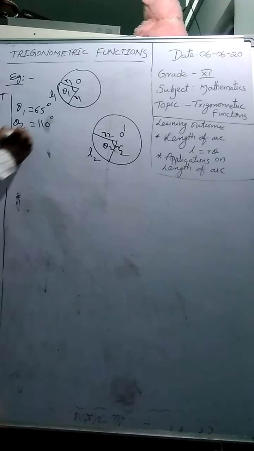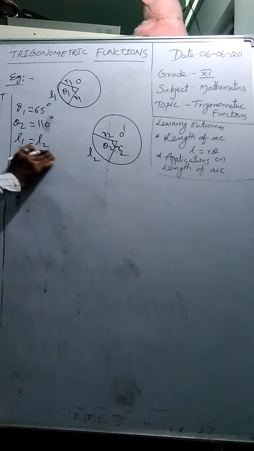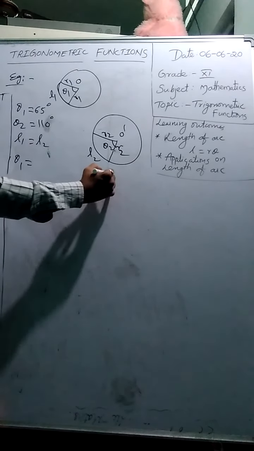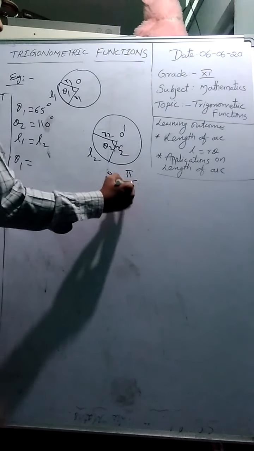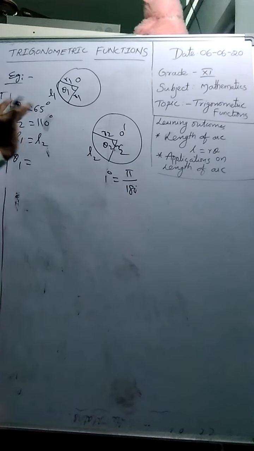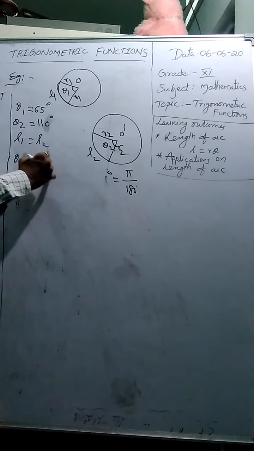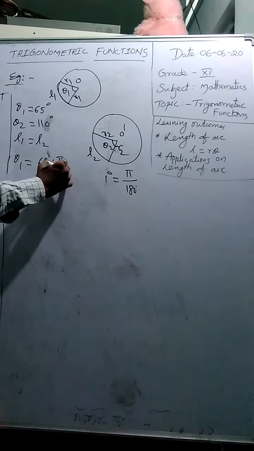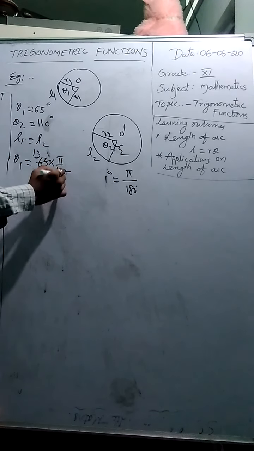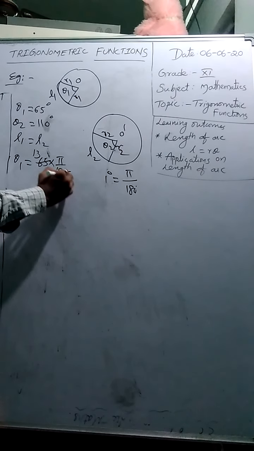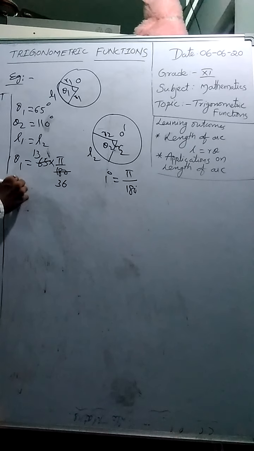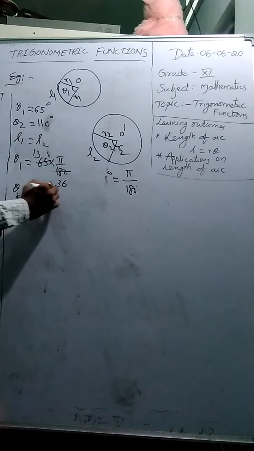So theta 1 is 65 degrees, theta 2 is 110 degrees, and one more hint is given that L1 equals L2 of these 2 different circles. As the first step we should change into radians. Here take pi only, students, because it gets cancelled. 65 pi by 180, where possible cancel it: 5 3s are 15, 5 6s are 30. So theta 1 is equal to 13 pi by 36.